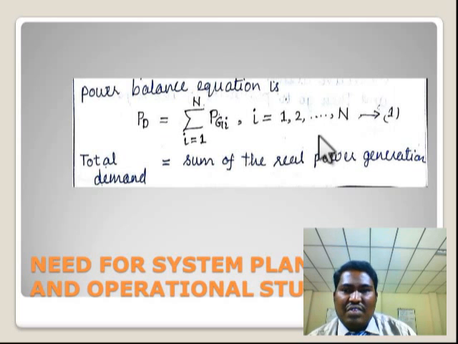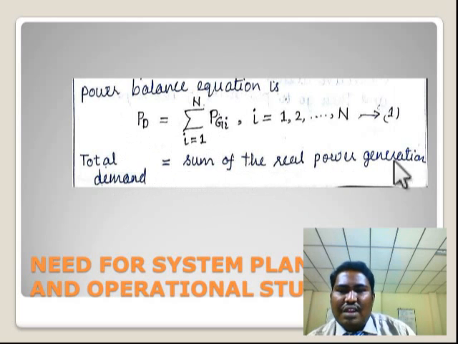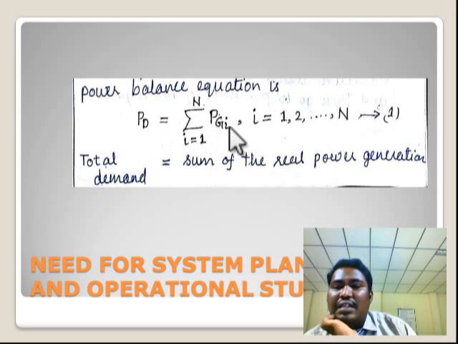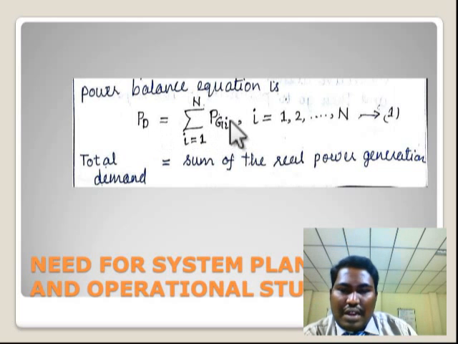So your EB connection is also extended more and more, and your i is incremented day by day. When we are incrementing our generation, your demand should be satisfied. Your total demand is equal to the sum of real power generation. When demand and generation are satisfied, it is nothing but your power balance equation.